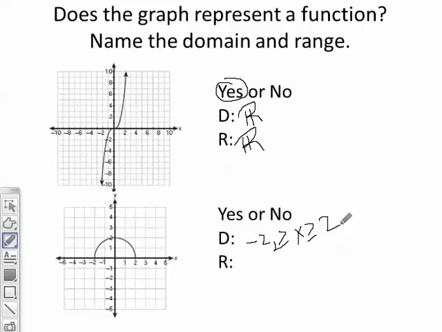Did I write that right? Don't think so. I got my alligators backwards, don't I? Okay, let's try it again. Okay, -2 less than or equal to x less than or equal to 2.